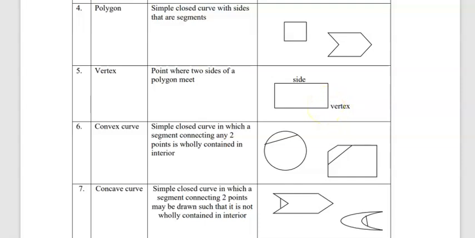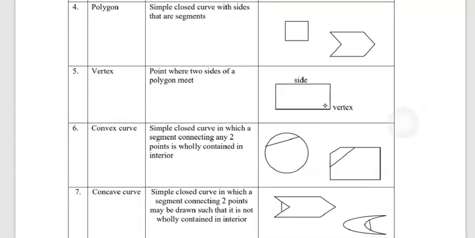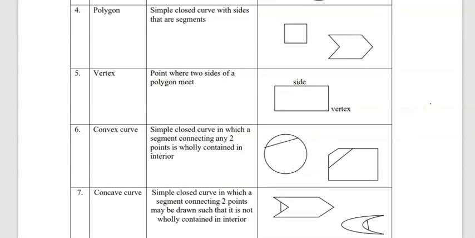And so this specific polygon here has a vertex here, and here, and here, and here, multiple vertices. Any point where two segments or two sides of the polygon come together.